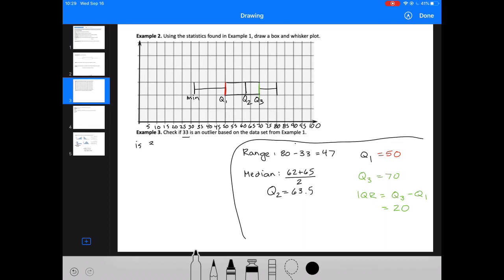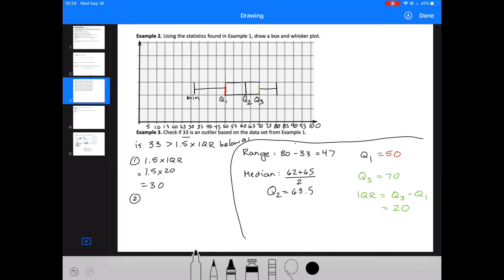So we've got 1.5 times our IQR, which is 1.5 times 20, which is 30.